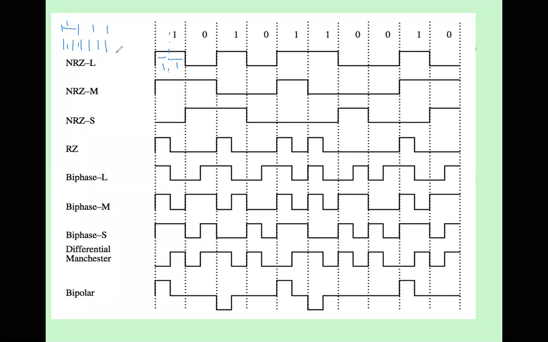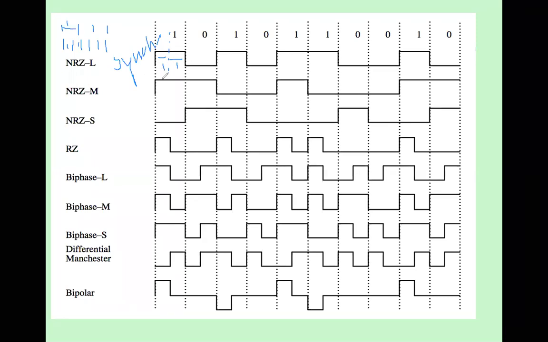So we have to take care of one problem, that is synchronization. Synchronization means we have to manage both clock tick times. Until and unless both computers' clock tick times are the same, the computer cannot interpret your data correctly.